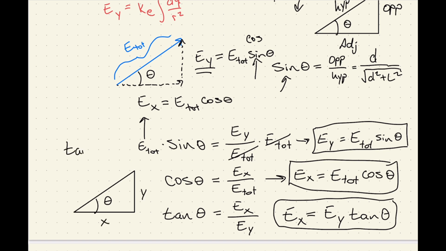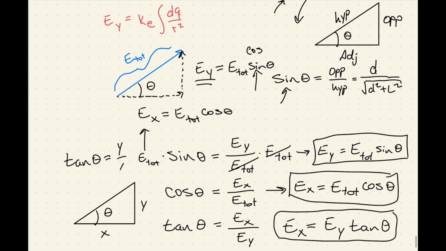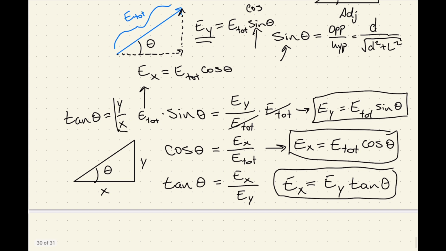So you can do tangent theta is equal to opposite, in this case Y for this triangle, over X. And then if you have both of these, you can find this ratio and take tan inverse of both sides. And then you will get a value for theta. Theta is equal to tan inverse Y over X.